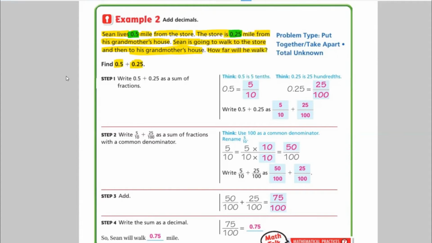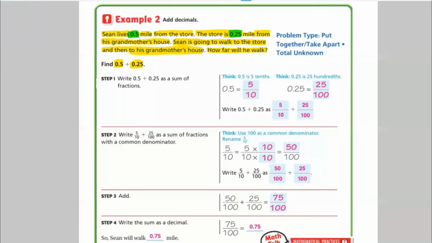Okay, you have two ways to add decimals. The first way we're gonna have in this example, and the other way in the next example. But I see that this way is a little bit confusing, so let's take it and then we're gonna take an easy way to add them together.